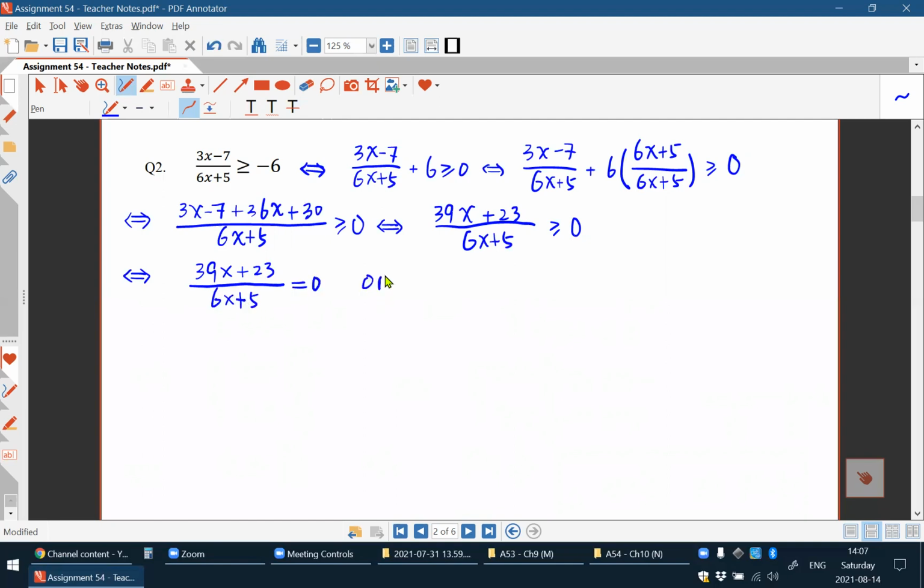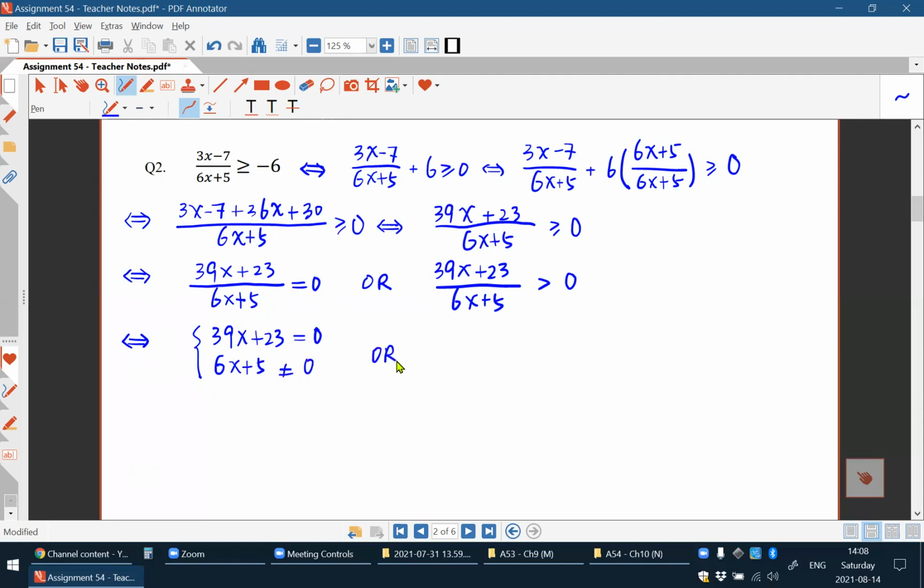Or the ratio between 39x plus 23 and 6x plus 5 can also be greater than 0, right? If we have a ratio that is 0, this is equivalent to the numerator must be 0, and at the same time, the denominator cannot be 0.